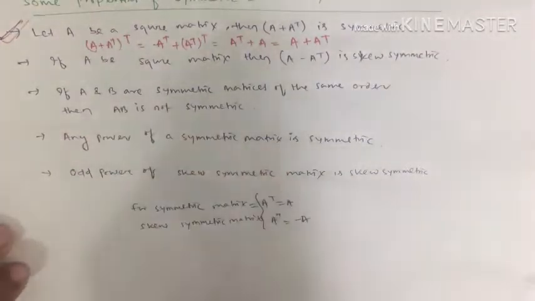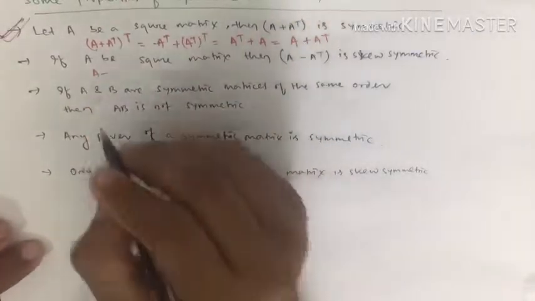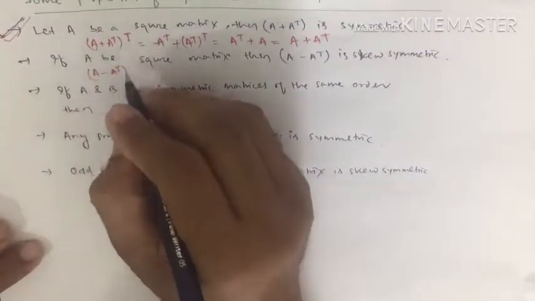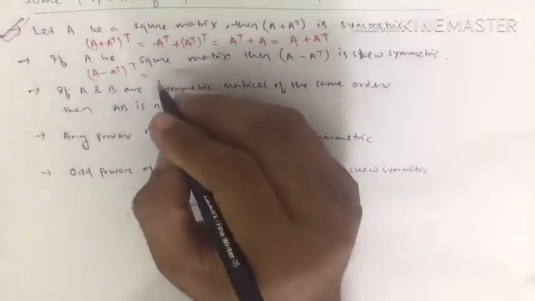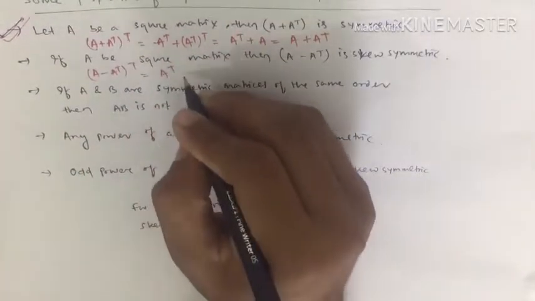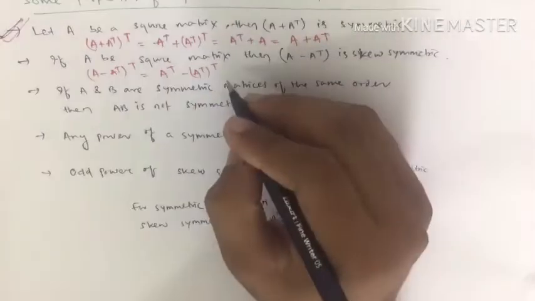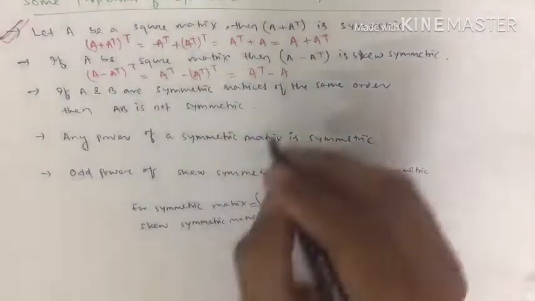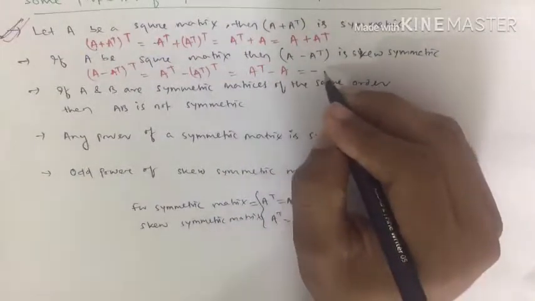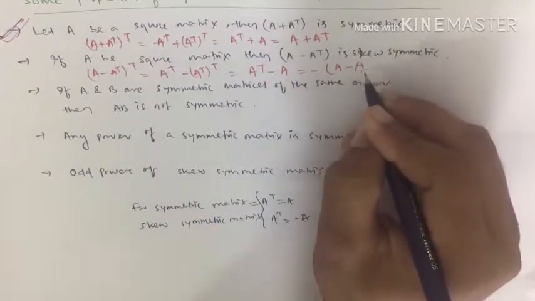Okay. So to prove that, just simply take A minus A transpose. Then see what you will get. This is nothing but A transpose minus the transpose of A transpose. Okay. So you will get A transpose minus A. If you take one minus common, you will get minus of A minus A transpose.